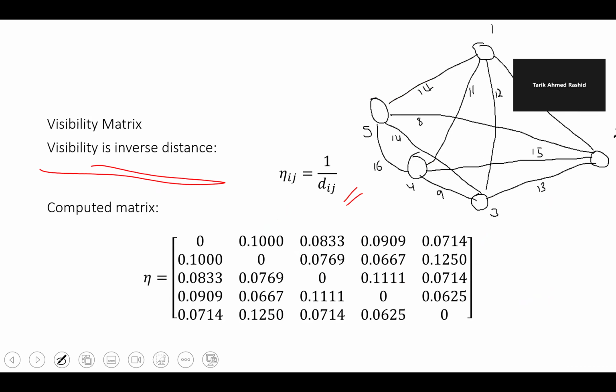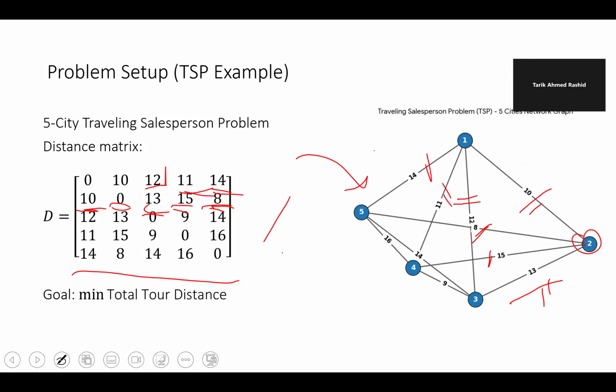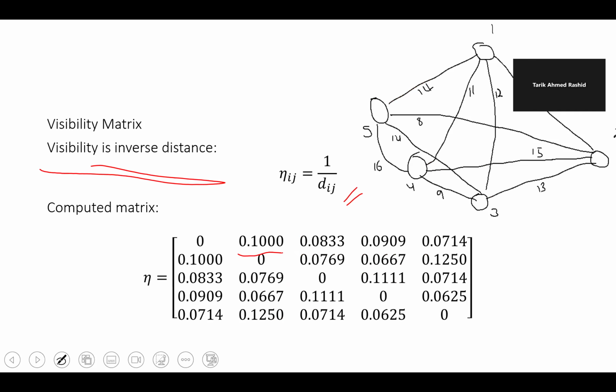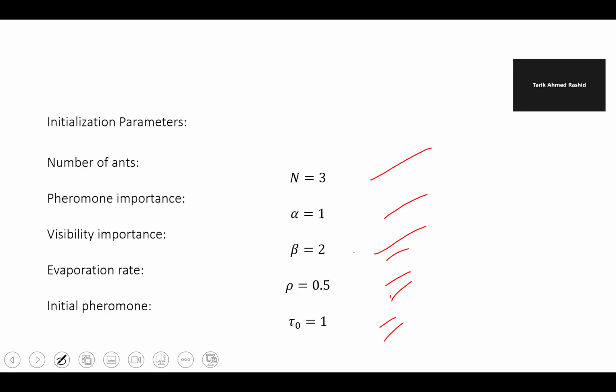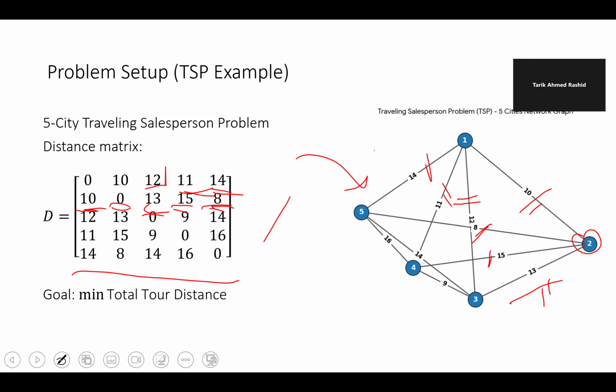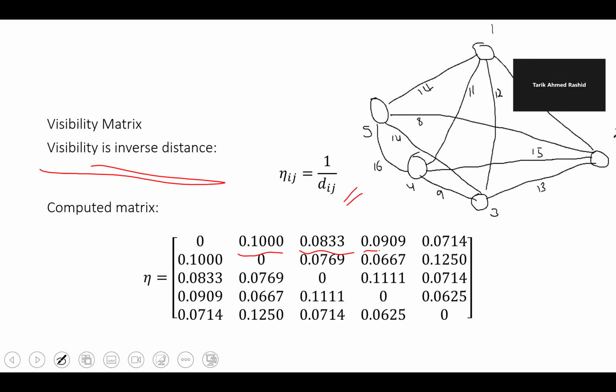For example, the first distance was 0, so 1 over 0 is 0, 1 over 10 is 0.1, 1 over 12 is this one, and 1 over 11 is this one, 0.09, and so on and so forth. So 1 over the distance ij is the visibility of the path.